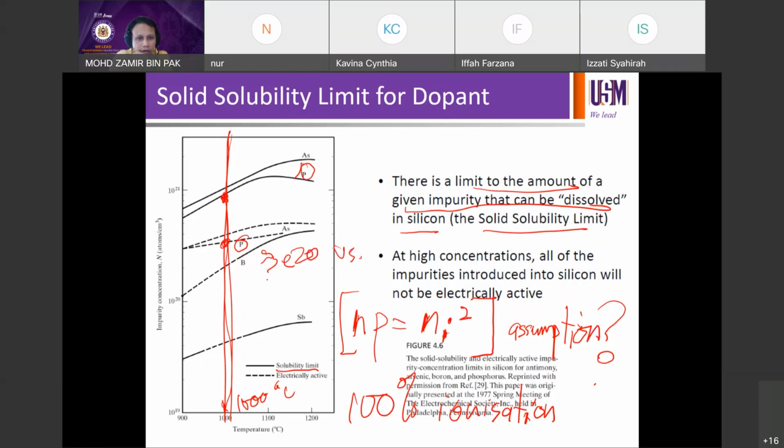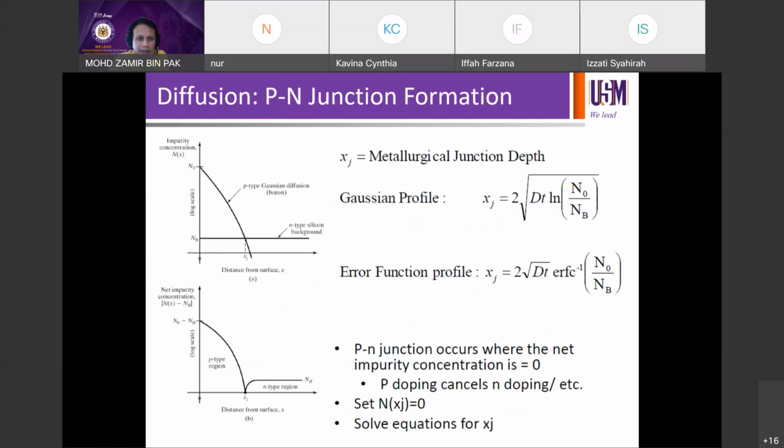So electrically active is 3e20 versus the solubility limit of 8e20 per centimeter cube. So that's a little bit of a reduction due to the non-electrically active dopants.